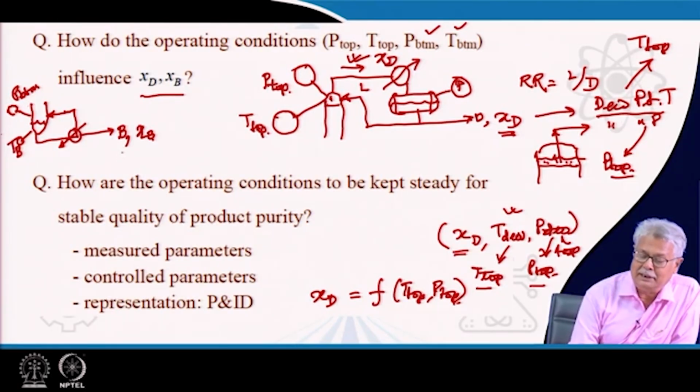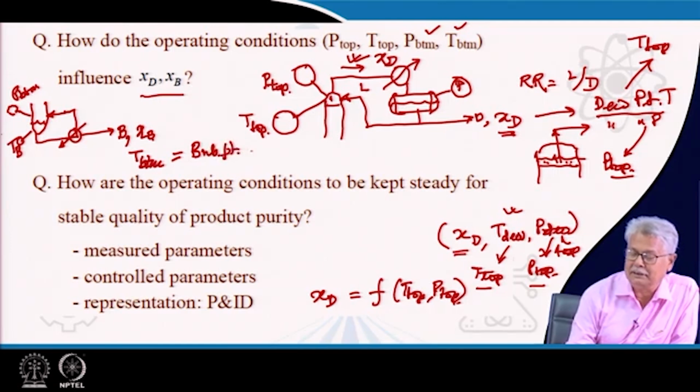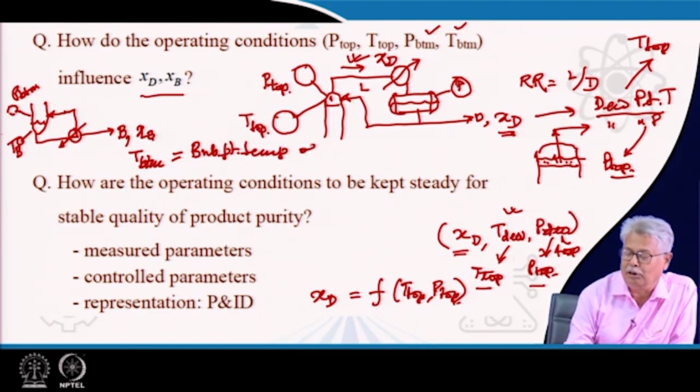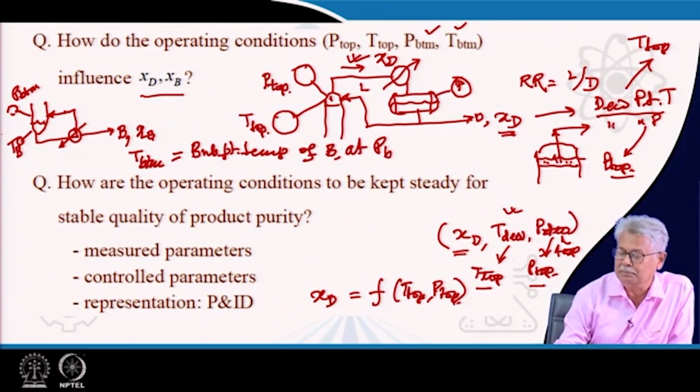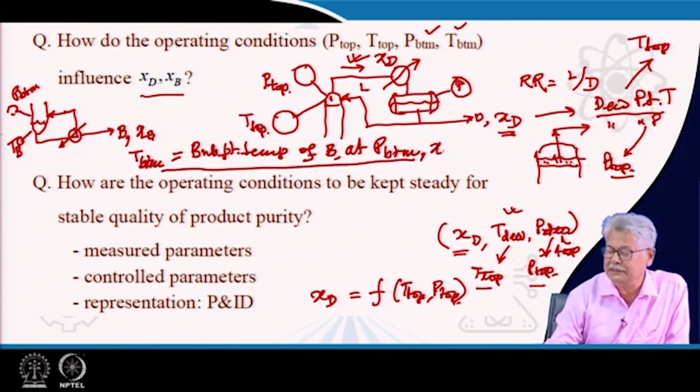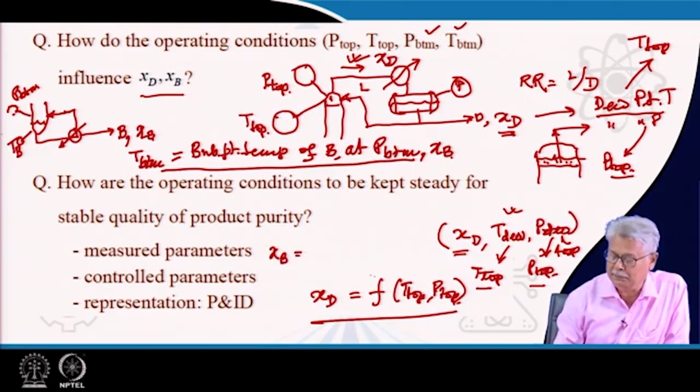So, naturally your T bottom is equal to the bubble point temperature of B at P bottom pressure, and its composition is XB. Therefore, I can also write, the way I had written in this particular case, my XB will be some function, if I call this F1, I am going to call this F2, of T bottom and P bottom.